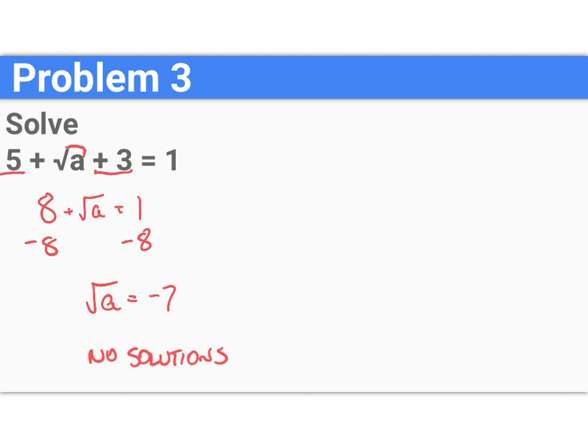Because if we squared it and got 49 and then we took the positive square root, 5 plus 7 plus 3 would not equal 1. And you cannot take the square root of a negative number for right now. And we'll learn what to do with that much later in the future. But for right now, these two, 1 and 3, have no real solutions.